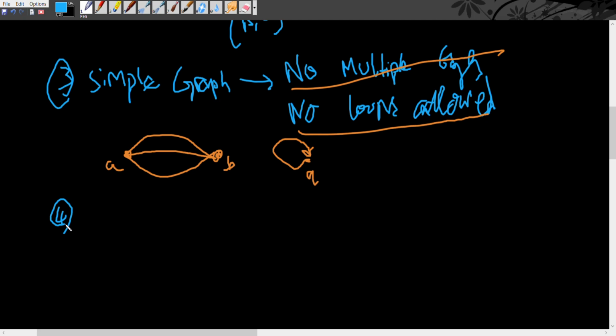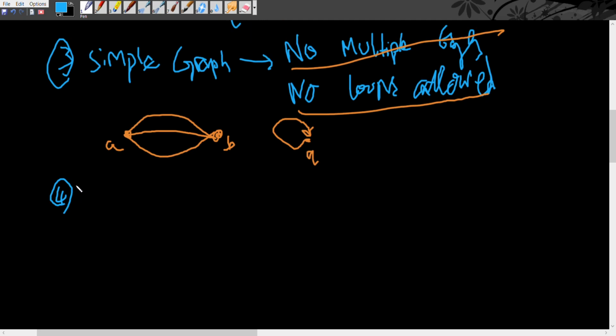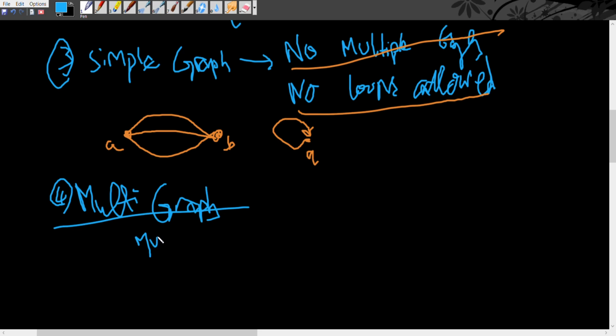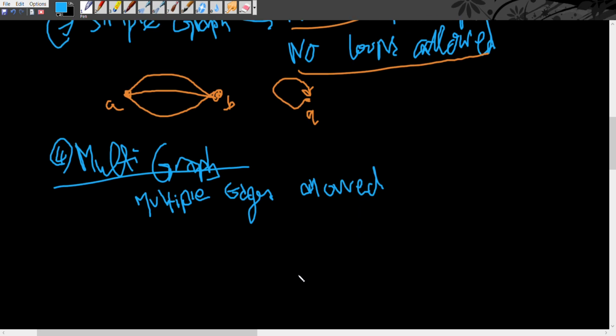The 4th type of graph that exists is known as a multigraph, which, as the name suggests, is a graph in which multiple edges are allowed. There is something known as a pseudograph as well.